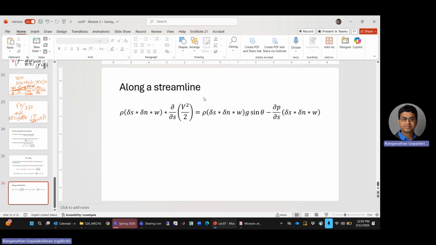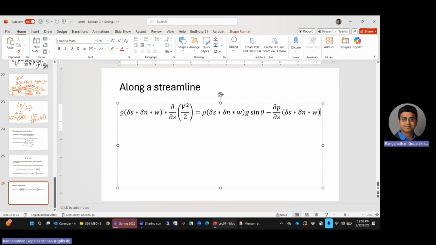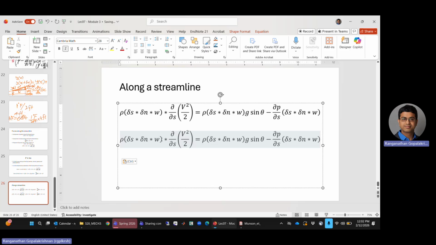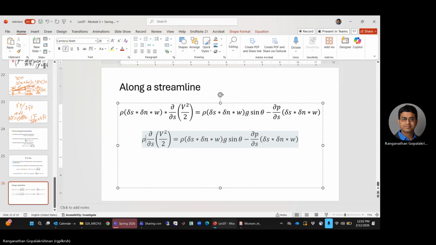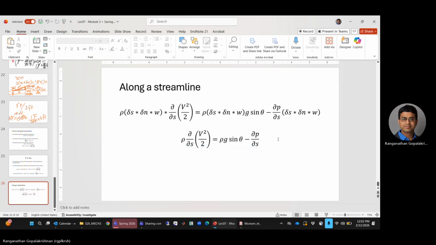Okay, so I can simplify this because this term seems to appear on both sides. On every term, the volume can be cancelled out. So I'm going to get this.